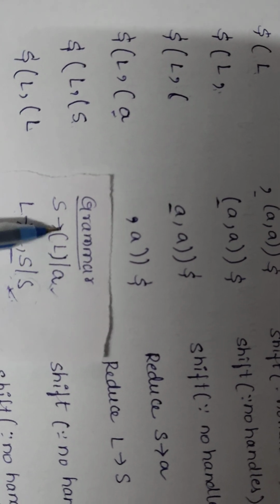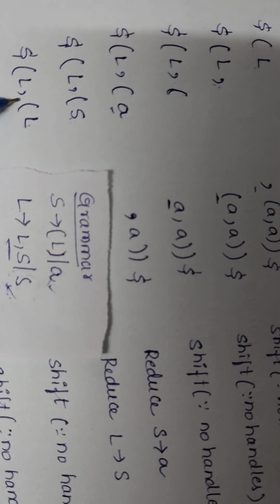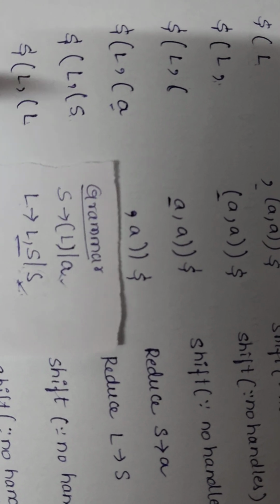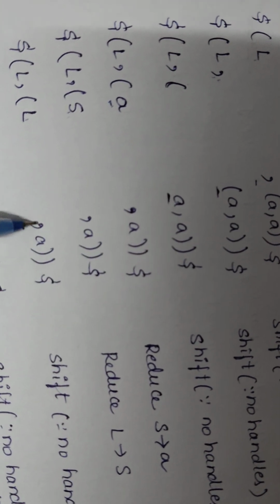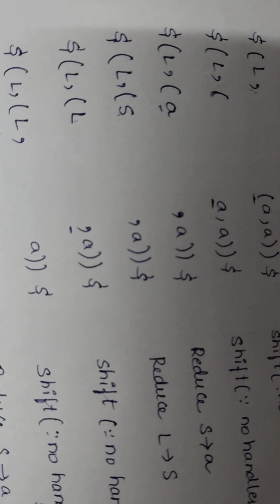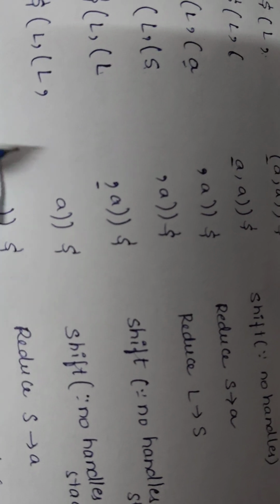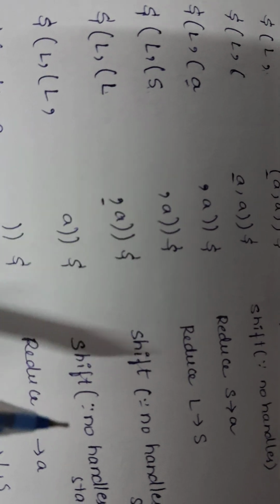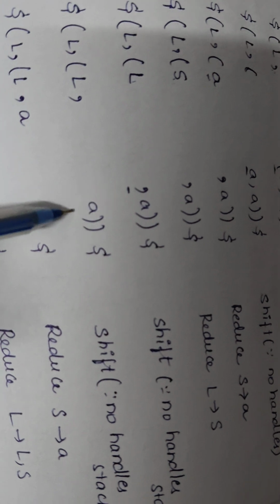We don't have this. Combined we don't have it, but alone like this we have; that will not be considered. So shift. We'll be shifting this comma here. This also will be shifted since they are not present in the RHS of the grammar. Okay. Next, like that only we'll be shifting A here.